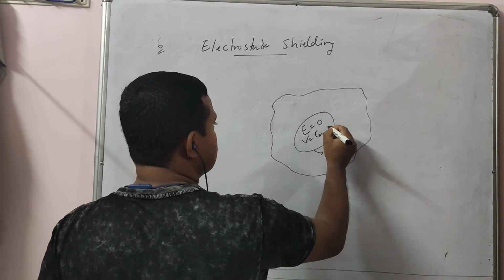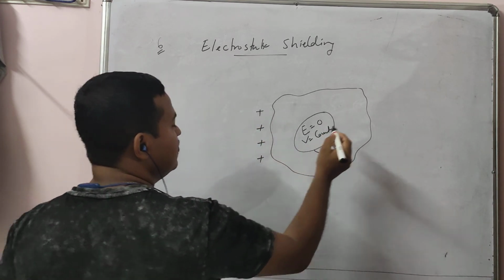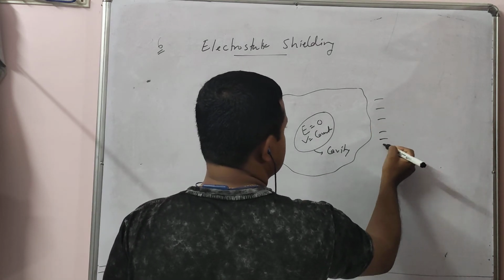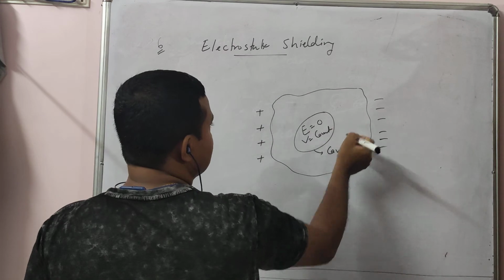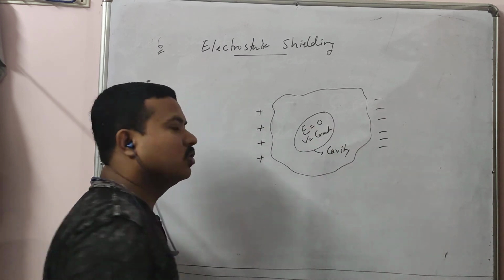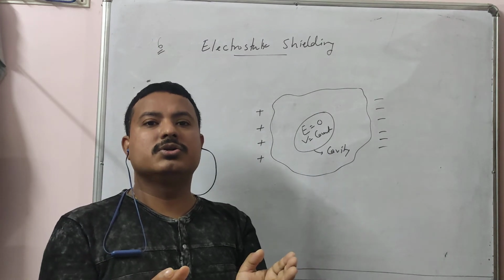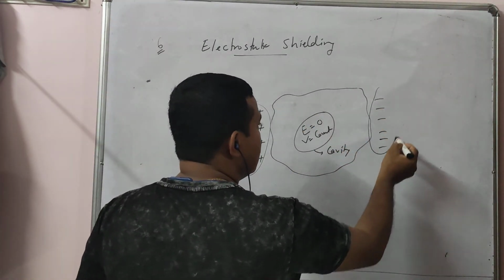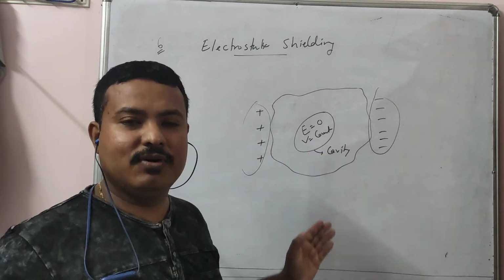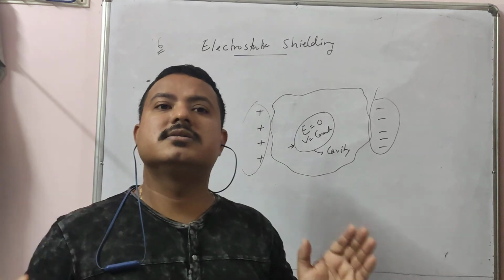So whatever the field outside, suppose there may be some external field outside, the field inside is always zero because this is a property: inside a conductor the electric field is always zero. So whatever the charge configuration, whatever the outside electric field, the electric field inside a cavity is always zero.